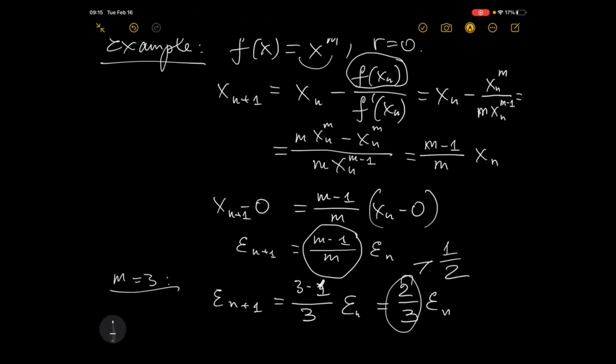So it means that my error will be decreasing slower. Is it clear or not? So for m equal to 3, what will be more efficient, bisection or Newton's method? Bisection. Of course, bisection, because on every step for bisection, error is decreasing by the factor of 1/2, while here it's decreasing by the factor of 2/3, which is not as fast.